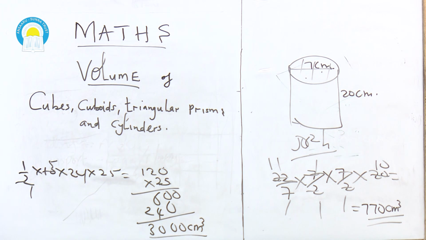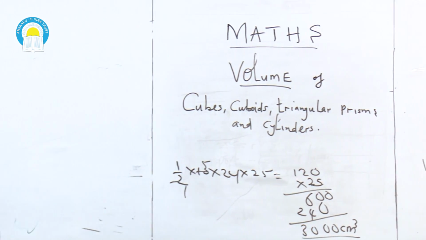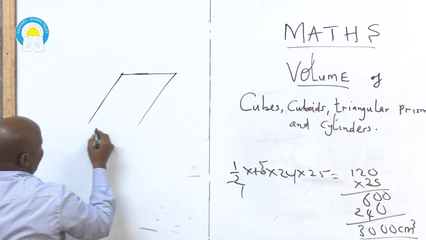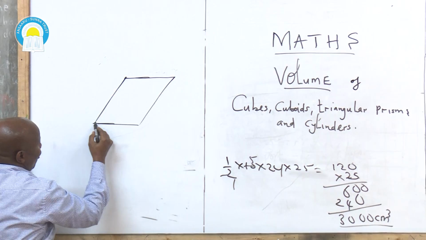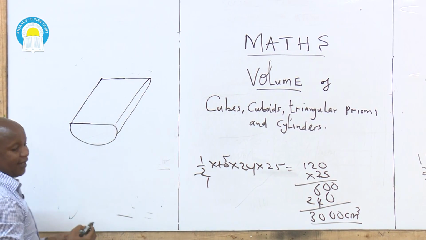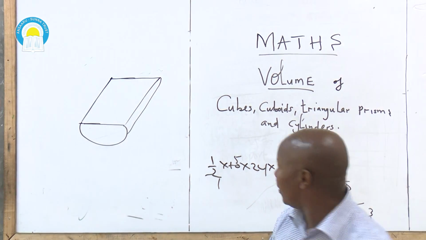Now it's not full, it is a half. And very quickly look at my diagram here. This one is a half cylinder. A big one for you to see. This one was a cylinder that has been cut into 2. That's a half cylinder. Very common question in the exams.